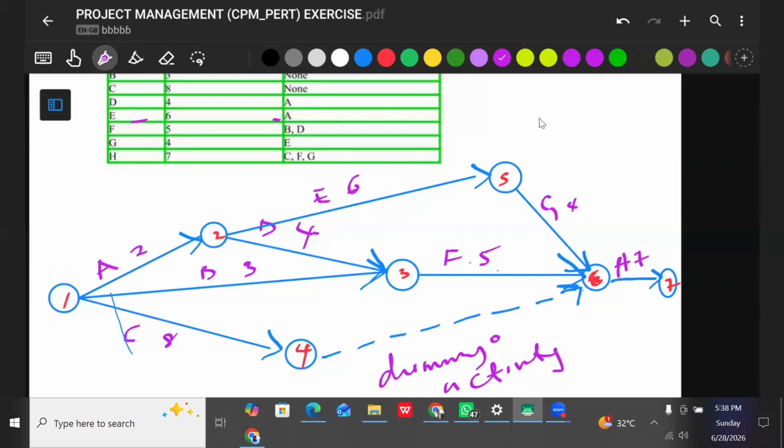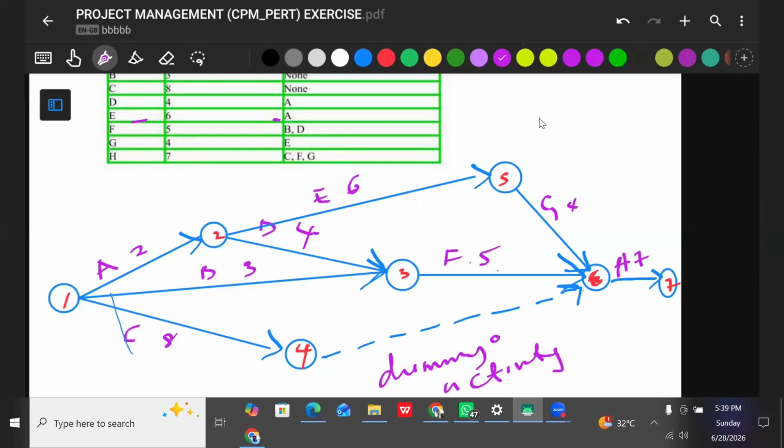Sir, what does that dummy activity mean, sir? I just explained it now. It's an activity that consumes no resource, no time, no nothing. We use it by convention to make sure that you don't have two nodes ending the network diagram.